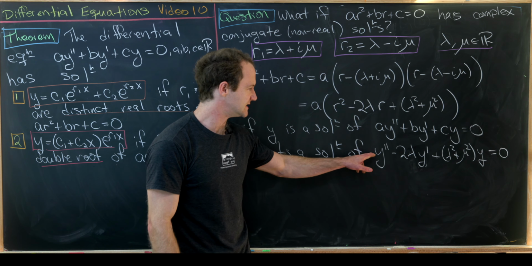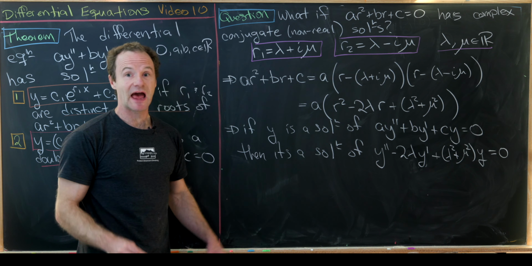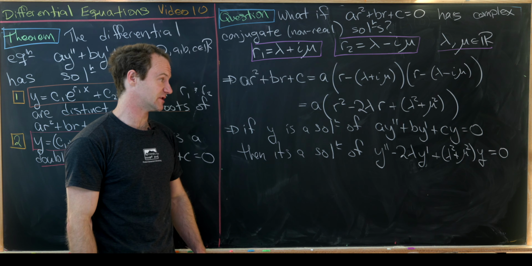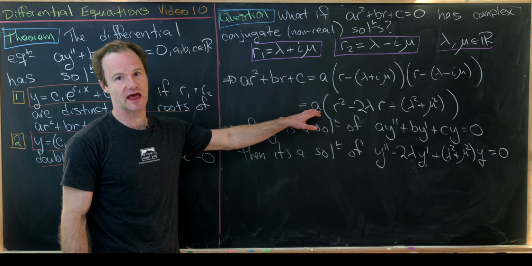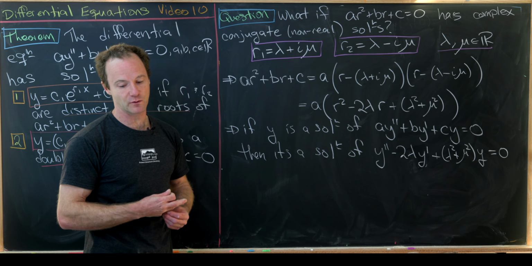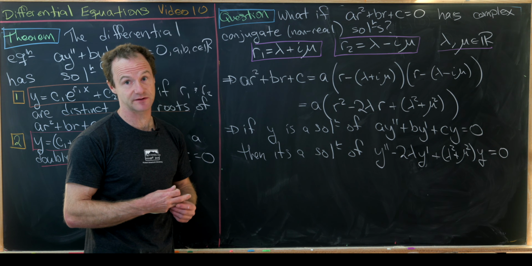And that's because these two differential equations have essentially the same associated polynomial. They're just off by a constant multiple of a. But this constant multiple of a will not change the solutions to the differential equation.